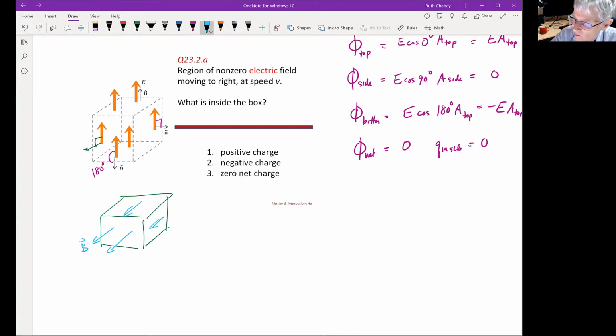So we find exactly the same thing, that the flux on the front is positive, the flux on the back is negative, and the net flux is 0. So we have no magnetic monopoles inside.